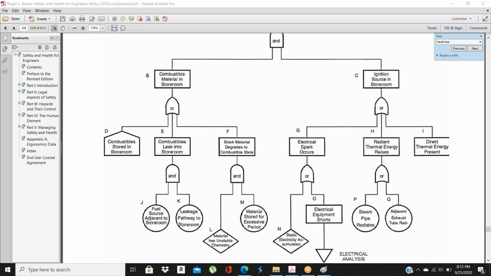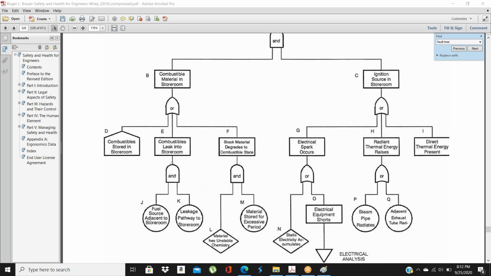For B, if either of D, E, F occurs, B event will occur. For E, J and K: combustible leaks into the storeroom.